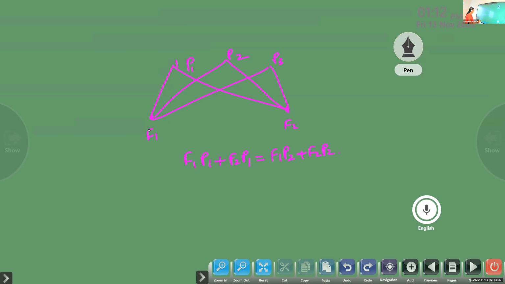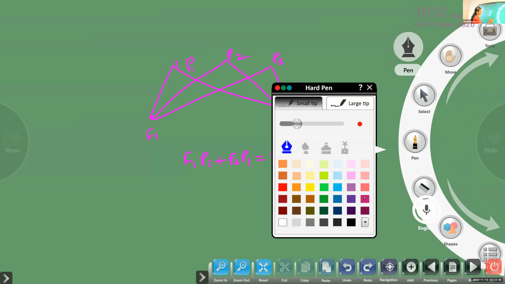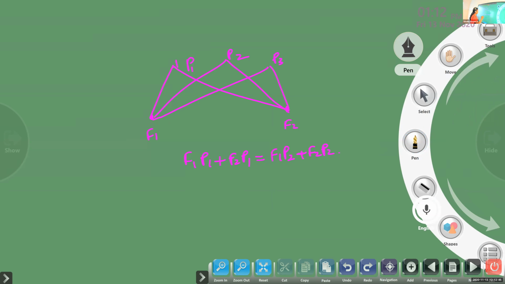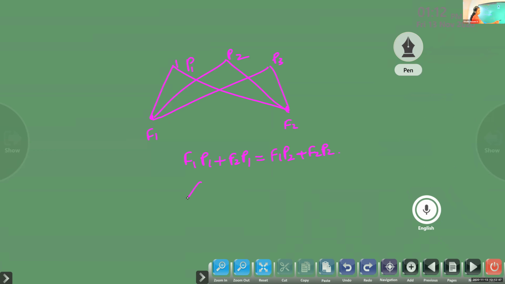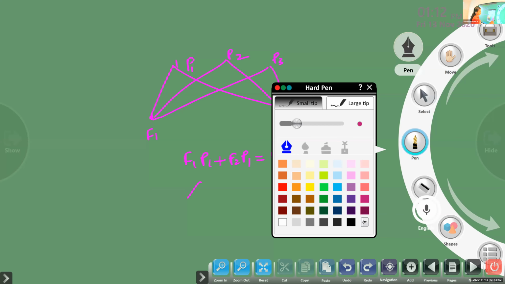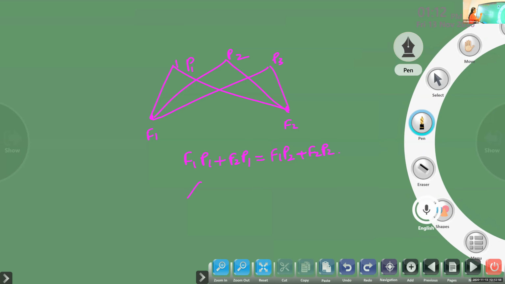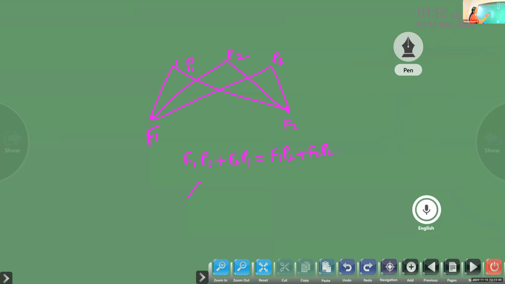So we have two fixed points here, F1 and F2. P1, P2 are some points.